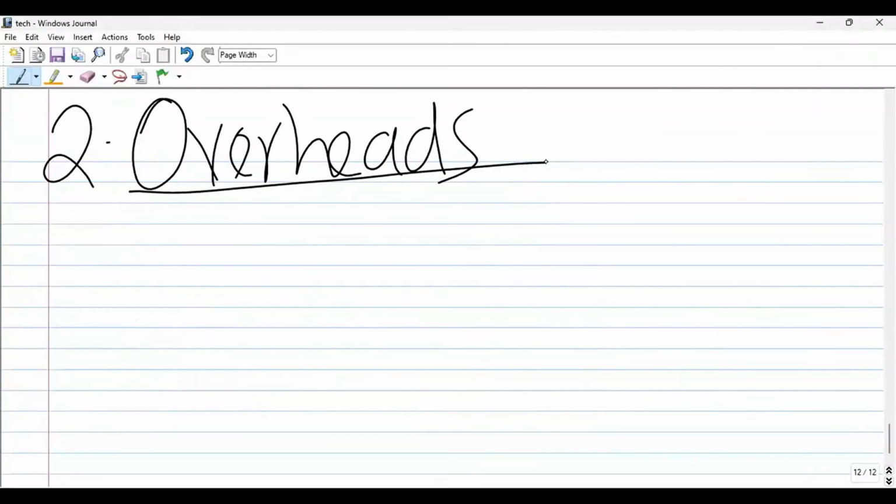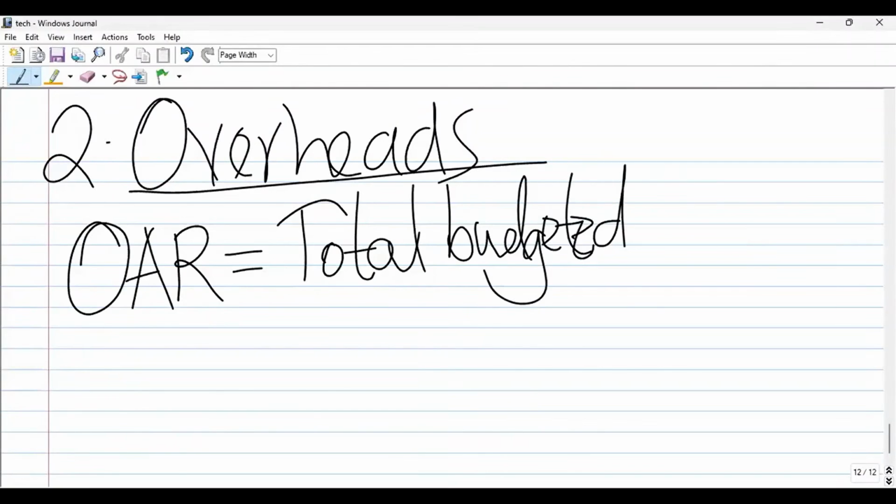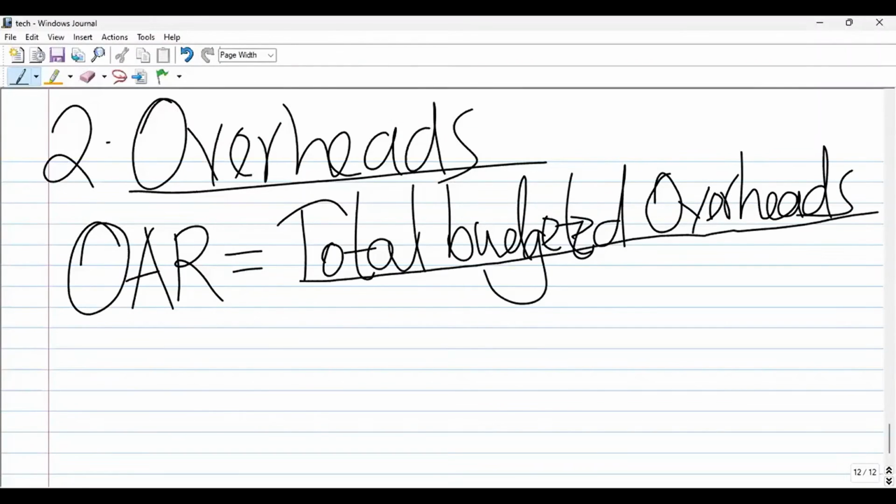So whenever we are looking for overheads under the traditional costing system, we compute a single overhead absorption rate. And how do we get that single overhead absorption rate? We get our total budgeted overheads over the total activity level.